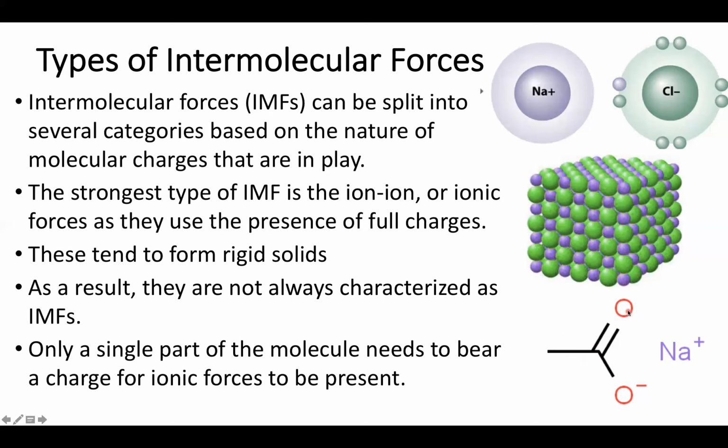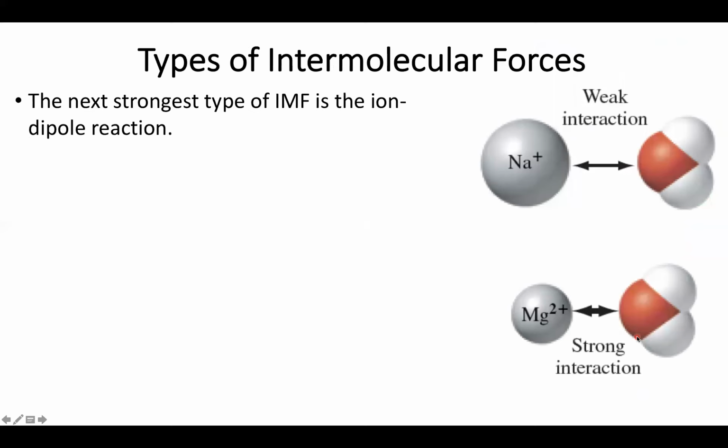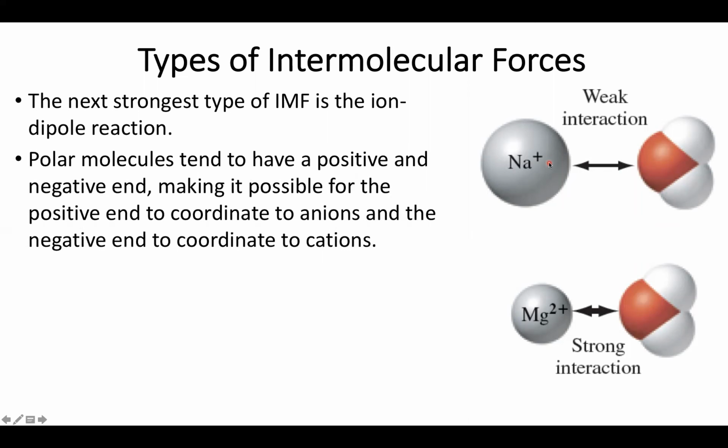Now, we can't always guarantee that both of our atoms will have a full charge. One of the things that often happens is we're going to have an ion having to interact with things that aren't ions. So the strongest interaction this ion can have, besides another ion, is called an ion-dipole interaction.